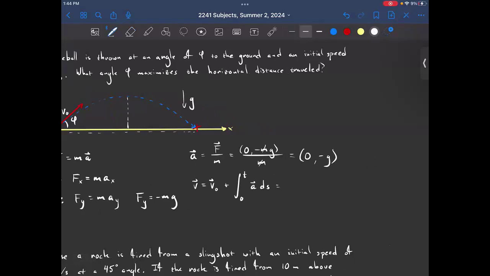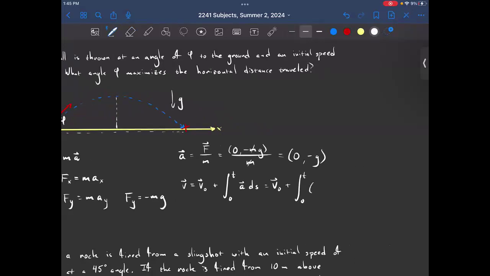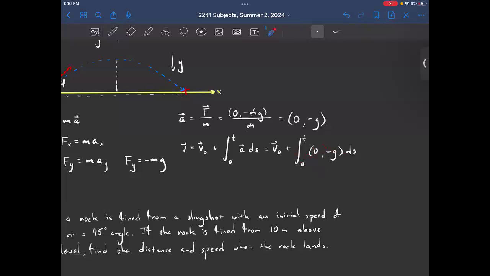Let's leave v0 for a second, and we'll deal with that later. So v0 is just going to be v0, and then we want to integrate from 0 to t the vector 0, minus g ds. Right. And now we can integrate this.